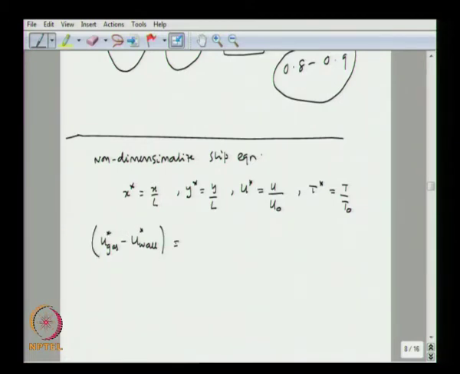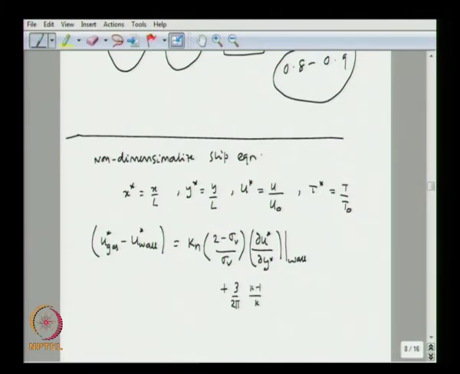So, this is going to be Knudsen number into 2 minus sigma v over sigma v into del u star over del y star at the wall, plus 3 by 2 pi into k minus 1 over k.